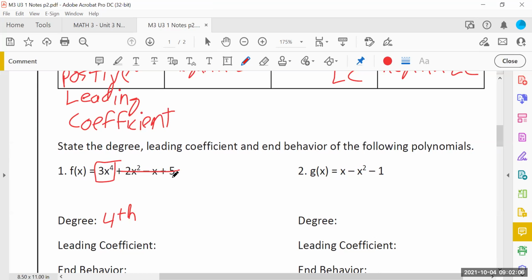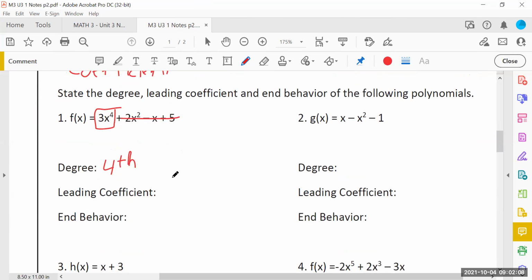But that 3x to the 4th, 4th degree, what's its leading coefficient? 3. Now that we have both of those, is 4th degree, is that even or odd? The 4th degree is even. Does that make sense? So even. So remember that evens are 2, 4, 6, 8, 10.